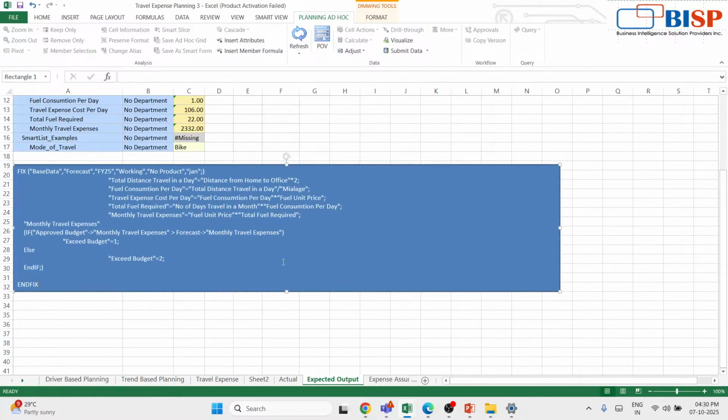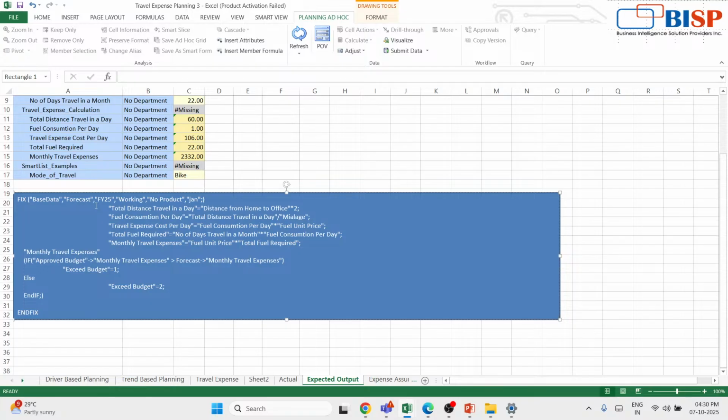And the same way the business rule is written here. All the business rules of travel expense planning are here, so we have to return here after indicating all the dimensions properly and appropriately. Then we will write the formula, and after that we will do the budget, travel expense, forecast.